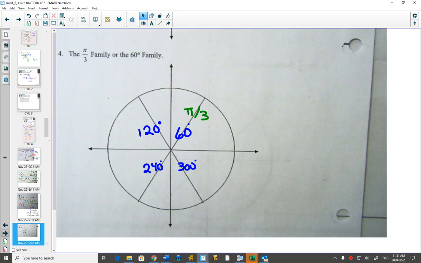A minute head start. Did you get 2 pi over 3, 4 pi over 3, and 5 pi over 3? One minute head start to do your coordinates.